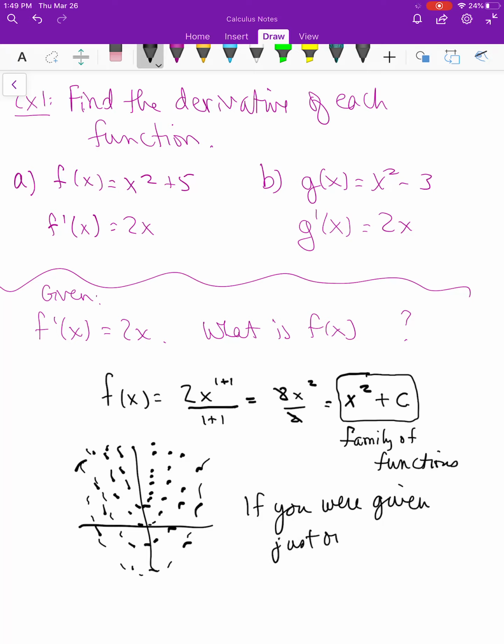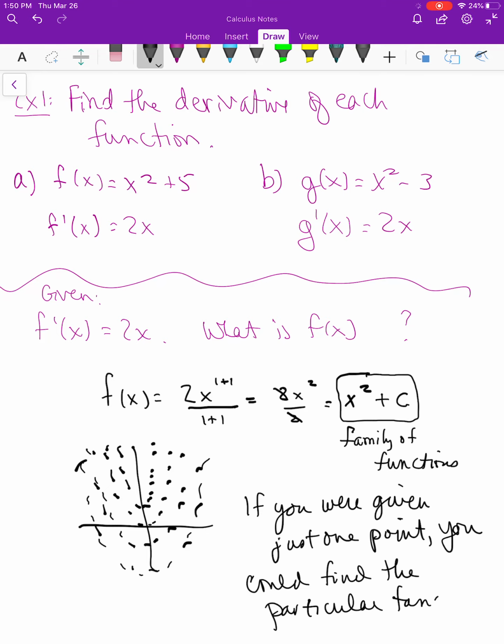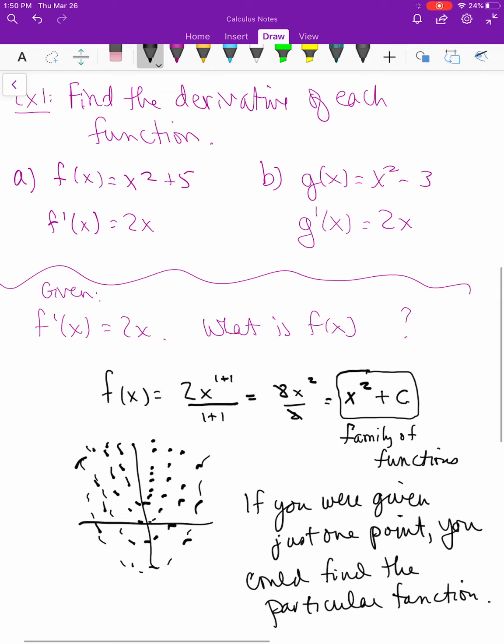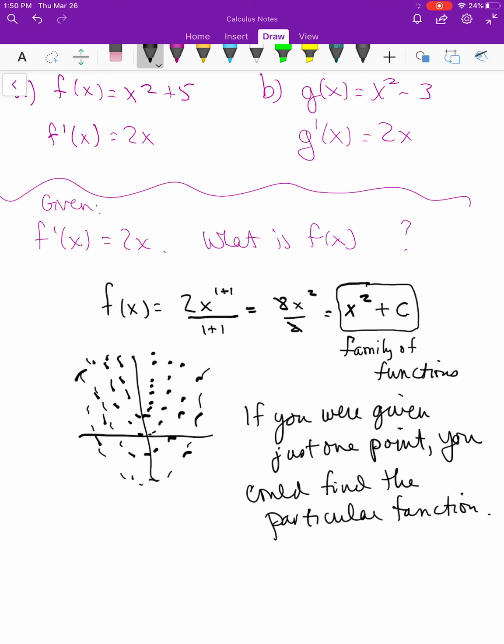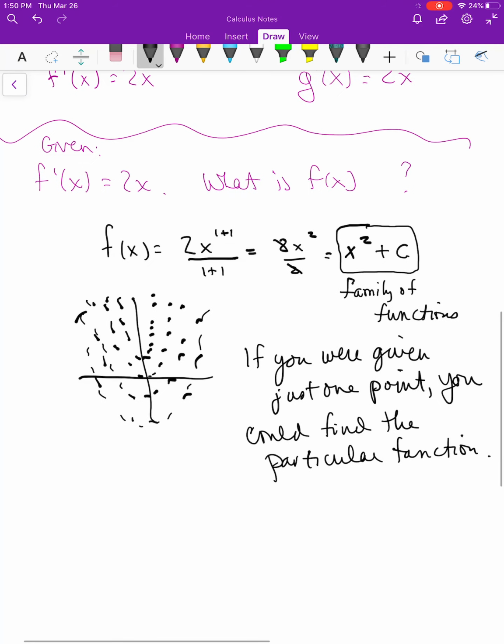If you were given just 1 point, you could find the particular function. Because right now this is a family, okay? And if you're not given a point, you have to just write it as a family.